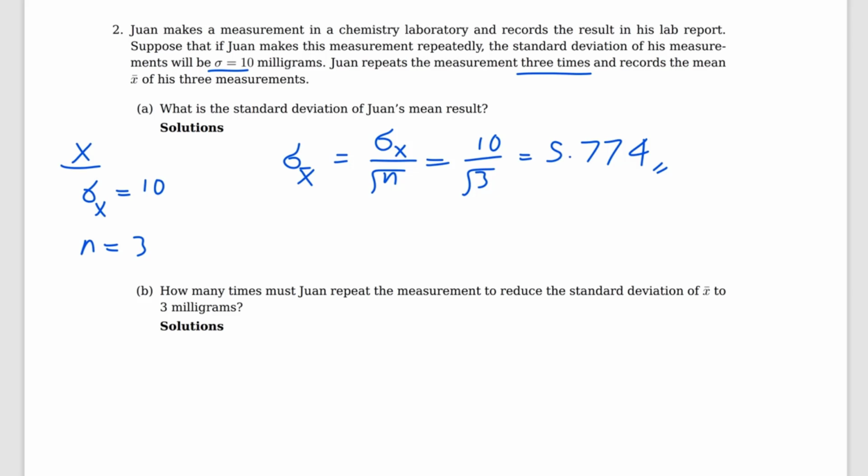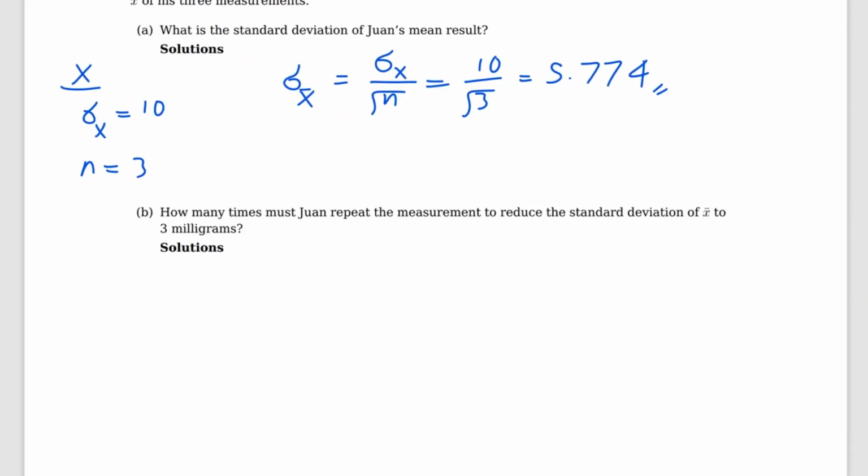How many times must Joan repeat the measurement to reduce the standard deviation of x bar to 3 milligrams? Now we need to reduce the standard deviation of x bar to 3. So they are asking how many times we need to do this experiment. That means they are asking for n, right? Sigma x we know equals 10.